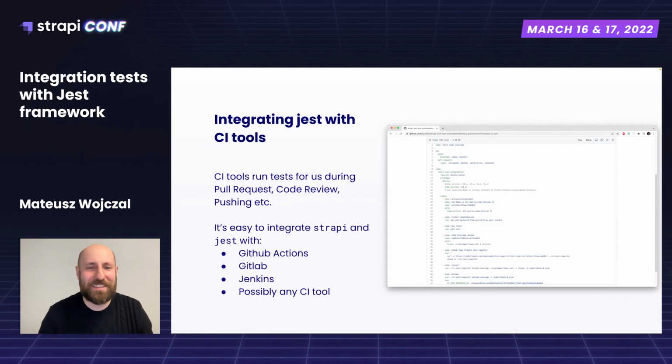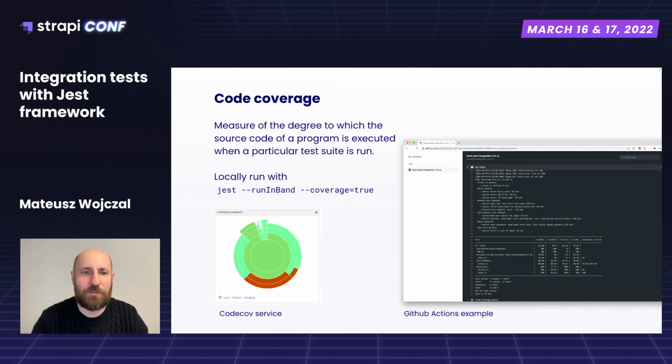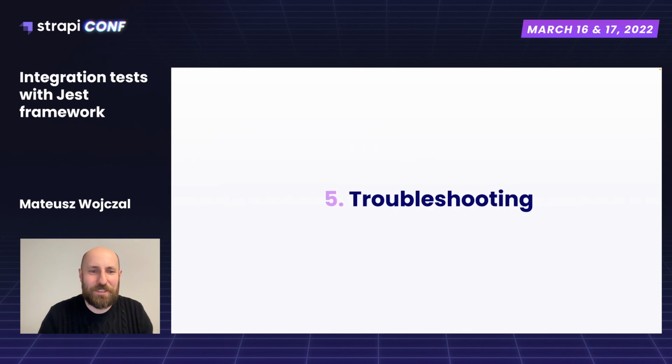I don't remember exactly. And here's an example of just YAML files from GitHub Actions, which works out of the box. You can set code coverage, which will measure how much of our code is covered by the tests. That's easy. Here we see the coverage service as a diagram, and a GitHub Action example, just terminal output. That's how it works.